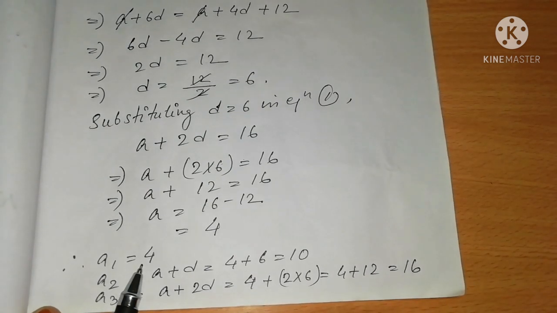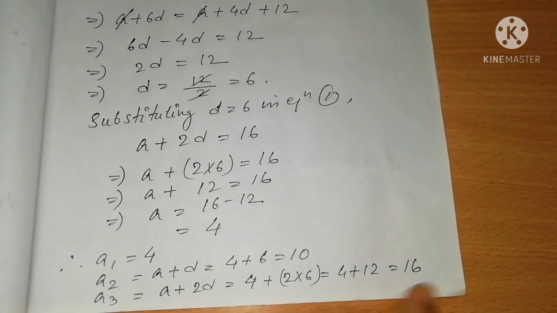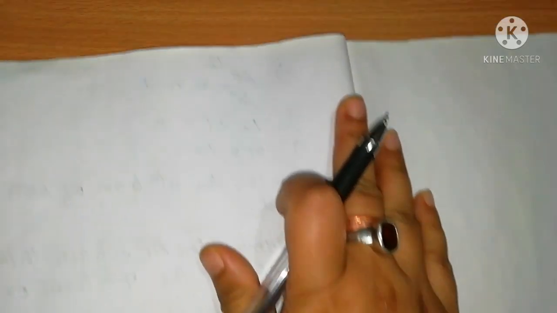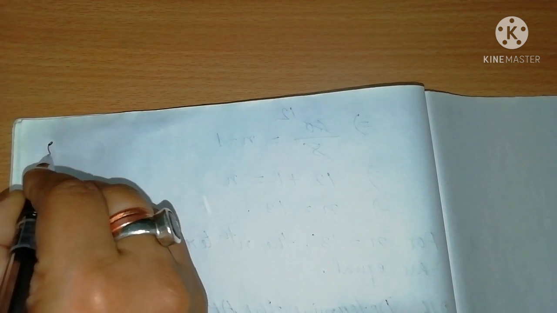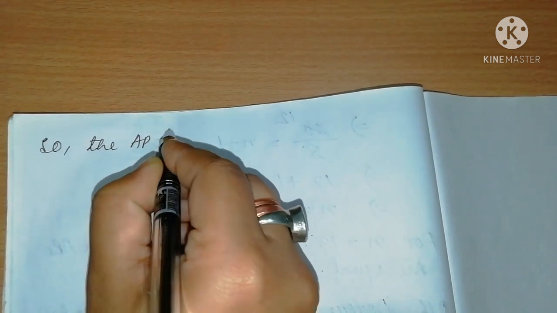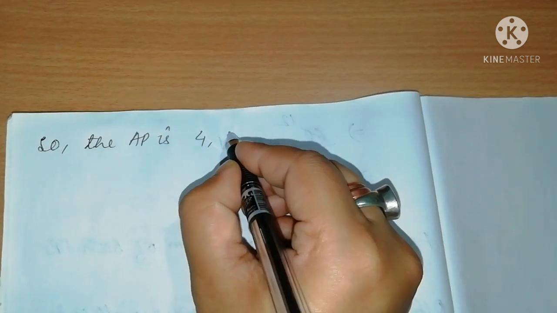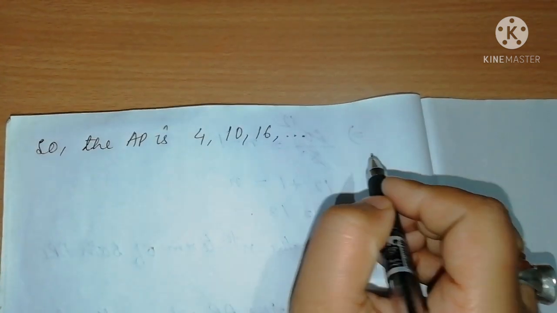So the first term we got is 4, second term is 10, third term is 16. So therefore the AP is 4, 10, 16 and so on.